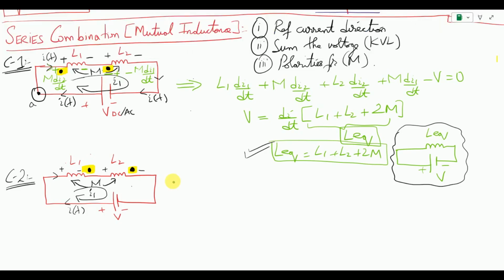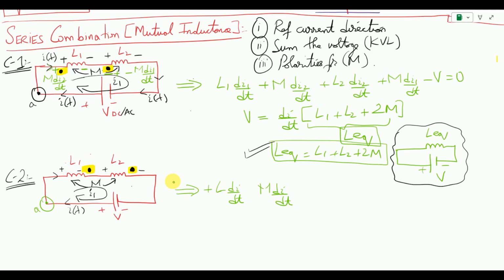So the equation for this comes out to be, if I take this node as my starting point, plus L di by dt. Again the current remains the same, so I'm just taking di by dt. Now what about M di by dt, the effect coming from L2 into L1? So we have to see what happens to the current when it reaches.